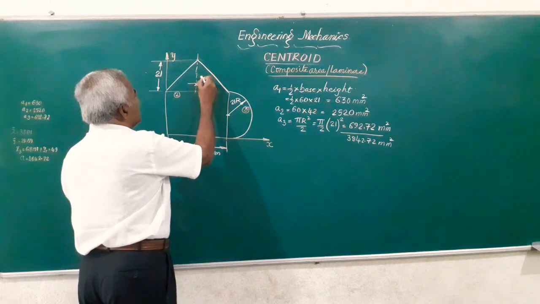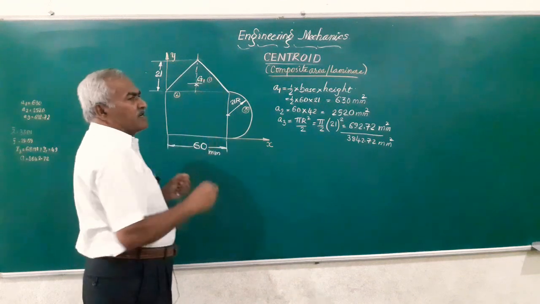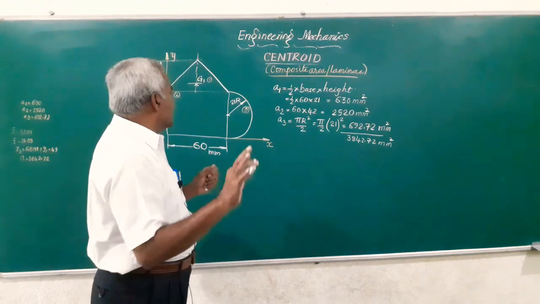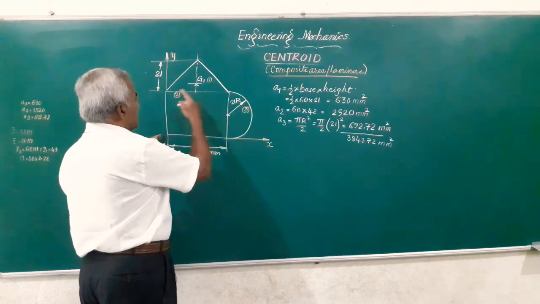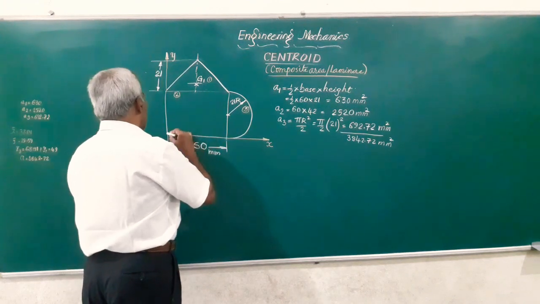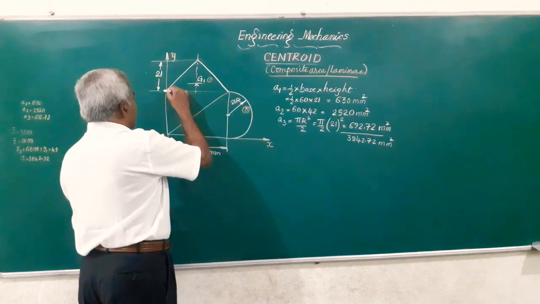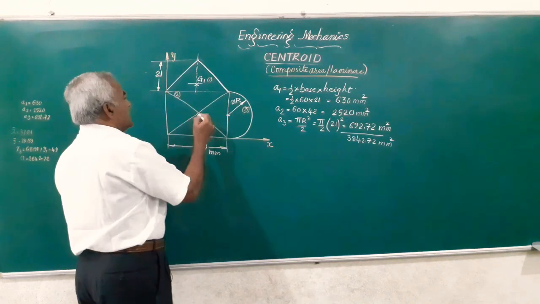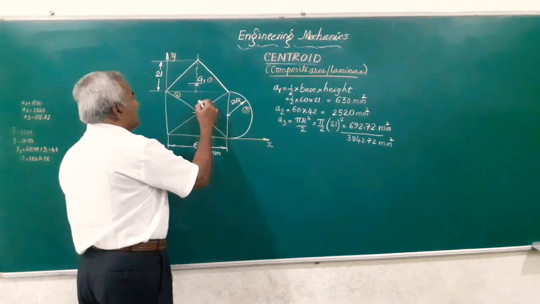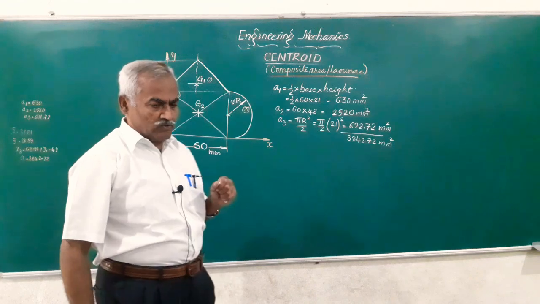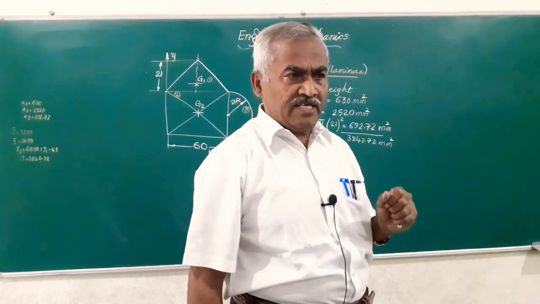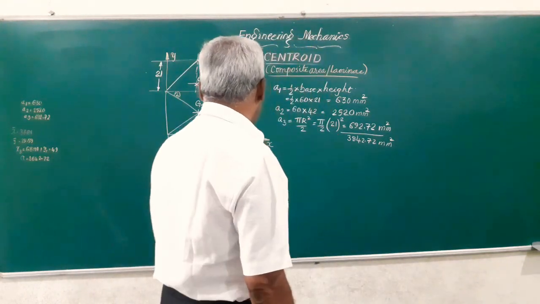So, we will call this G1, the centroid of the first figure, that is the triangle. Coming to the second figure, it is a rectangle, and you know very well, to get the centroid of the rectangle, you join the two diagonals. They meet at a common point, and since this is figure number 2, I call it G2. G2 is the centroid of the rectangle.